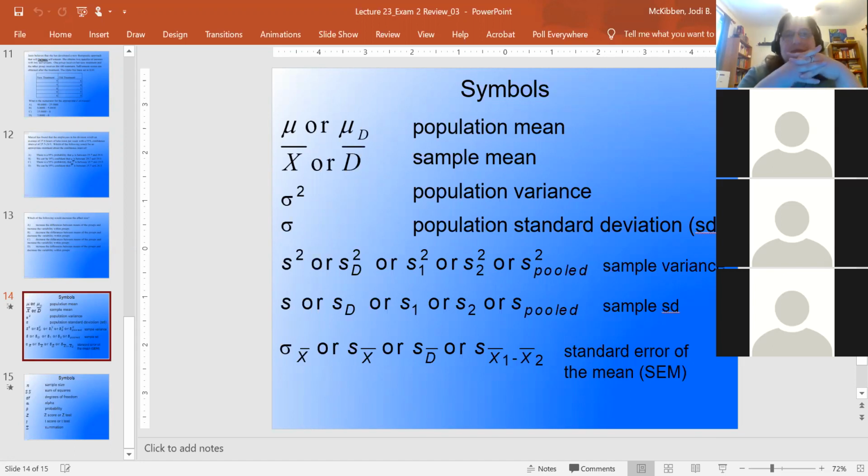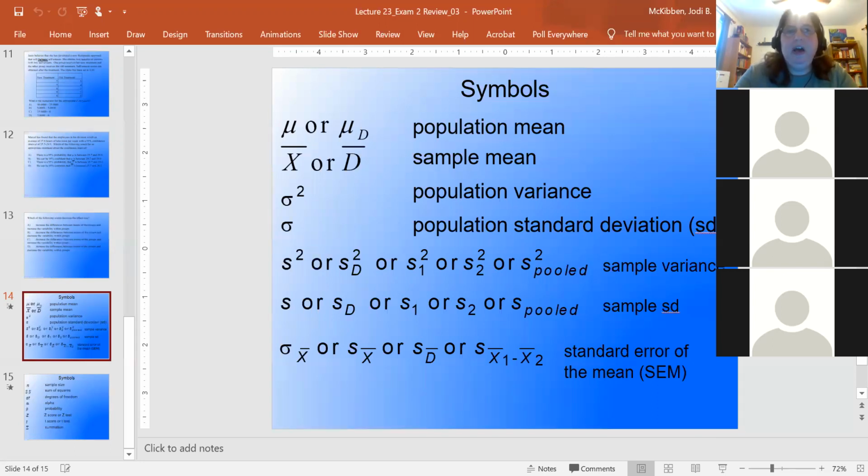Okay, these are the symbols. I think one of the most important things we can do is distinguish between population and sample. And we did this kind of at the beginning, but I know it's been a while. So population is everybody, right? Sample is just a small group of people we have access to.